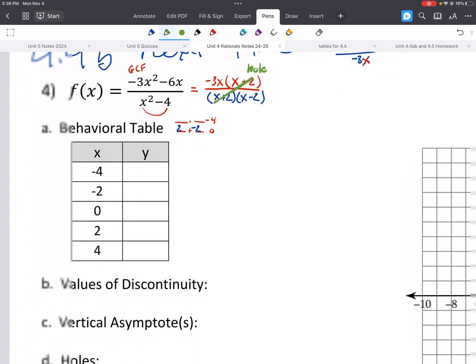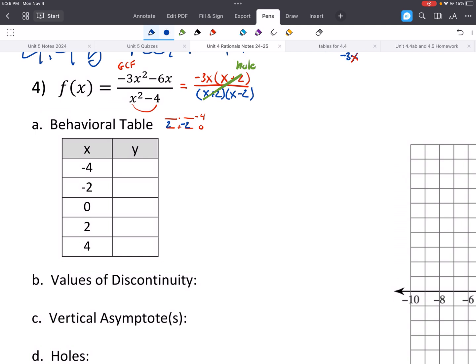But we can still write down our values of discontinuity. So x cannot be equal to negative 2 or 2. We come up with that by just looking at these two factors and asking what could make the bottom 0.